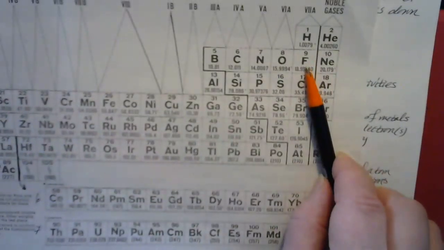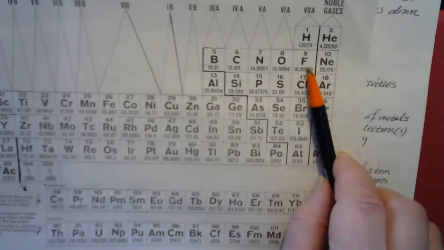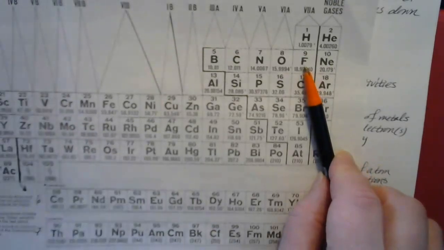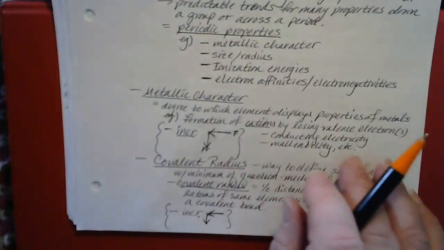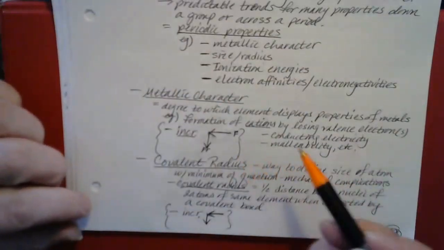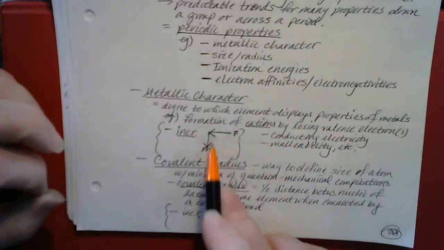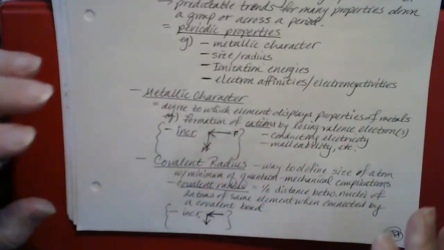Fluorine does not want to give up electrons under any circumstances, and it is a really bad conductor of electricity, and it's a gas, so good luck trying to hammer it flat. It's not going to sit still for that. So yeah, to the left and down would be the increase in metallic character.